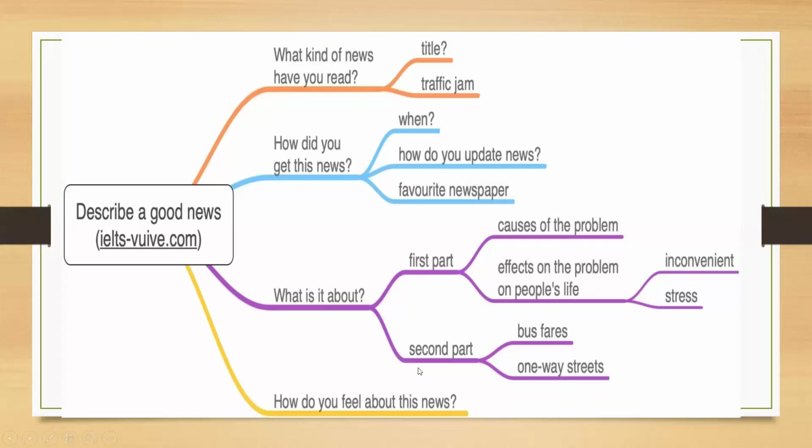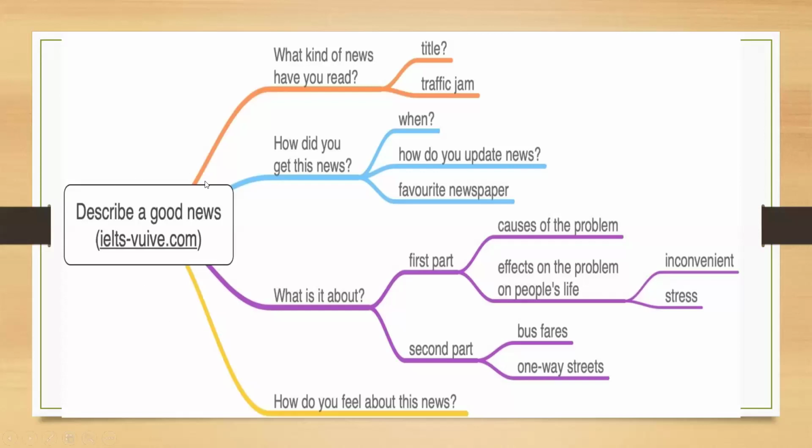First part, second part, third part, fourth part, or front page. You can say I got the news from the Daily Graphic. The front page, the middle page, the back page. So the first part, causes of the problem, effect of the problem on people's life, such as inconveniences and stress. Second part, bus fare, one-way street. Okay.